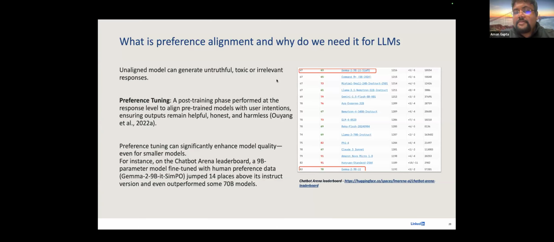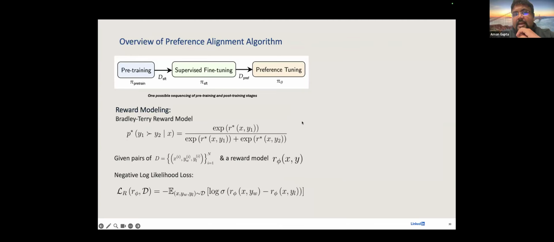This allows smaller models to punch above their weight. Now, specifically, how does this happen? You take a pre-trained model, fine tune it on some data, and then finally do the preference tuning. Getting into the entire detail would take an entire tutorial of this kind, so I will only talk about a very high level detail.